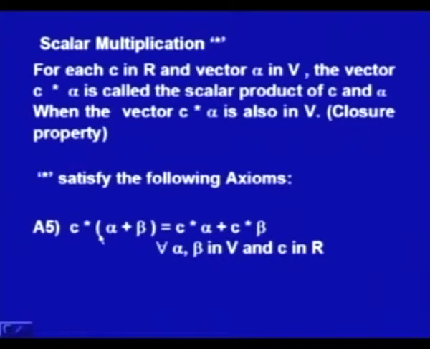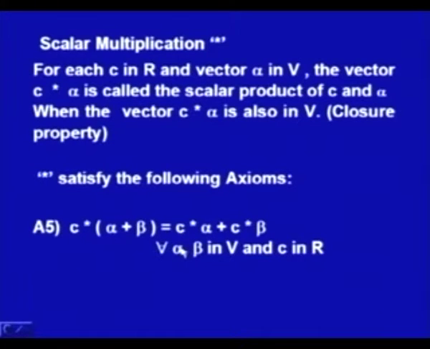It means C star (alpha plus beta) is equal to C star alpha plus C star beta for given alpha, beta in V and C in R. By this I mean that you add the two vectors alpha plus beta and then multiply by the scalar C. This amounts to the same thing as if we had multiplied alpha with C and beta with C. So, this is scalar multiplication, we add the two vectors and what we have is another vector which is the same as C star (alpha plus beta).